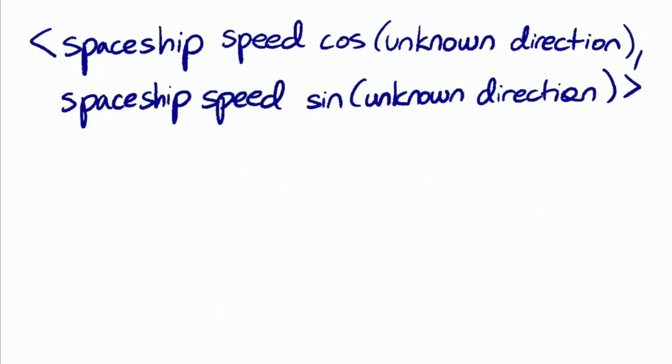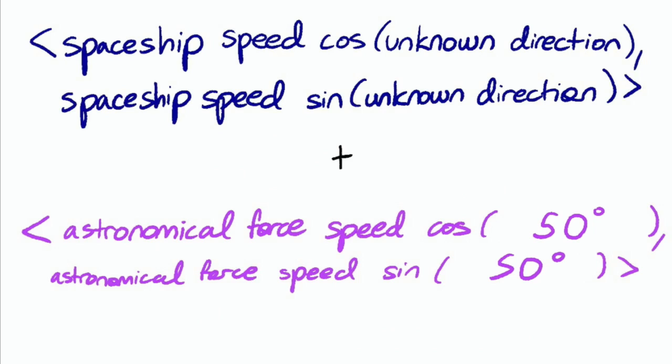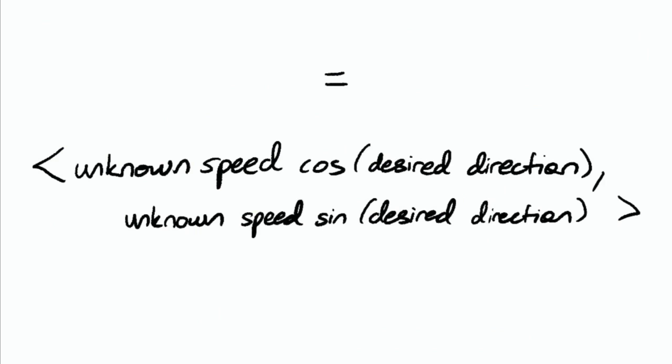Spaceship speed times (cosine unknown direction, sine unknown direction) plus astronomical force speed times (cosine astronomical force direction, sine astronomical force direction) equals the unknown speed times (cosine desired direction, sine desired direction).